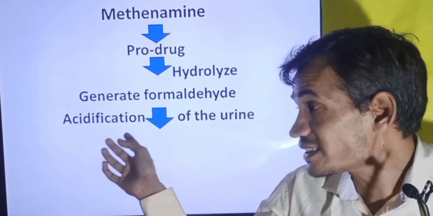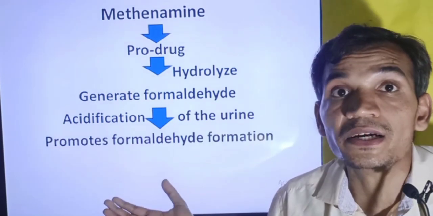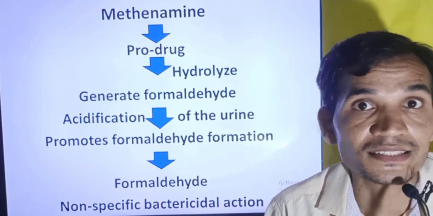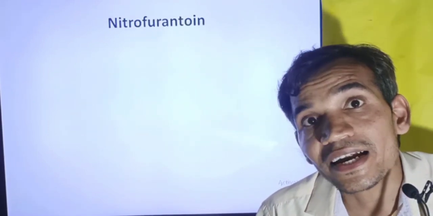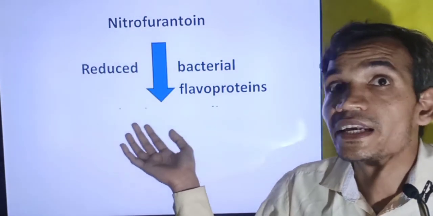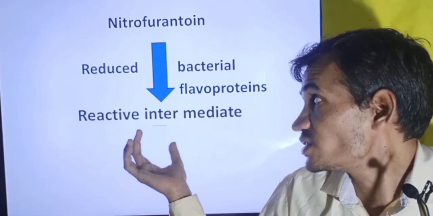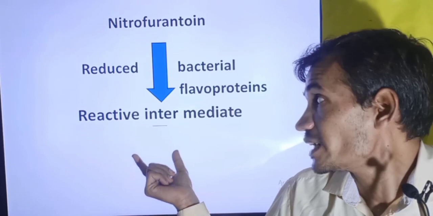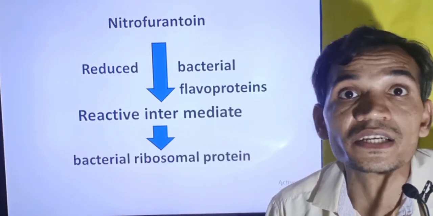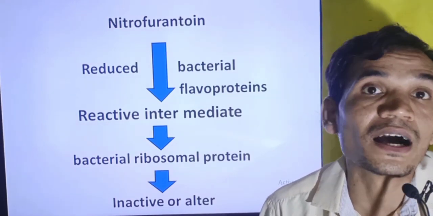If urine is acidic, it produces more formaldehyde. The more formaldehyde there is, the more bactericidal action there is. On the other hand, nitrofurantoin interacts with bacterial flavoprotein and is reduced. Upon reduction, it generates a reactive intermediate, and that reactive intermediate targets bacterial ribosomal protein and inactivates or alters it.